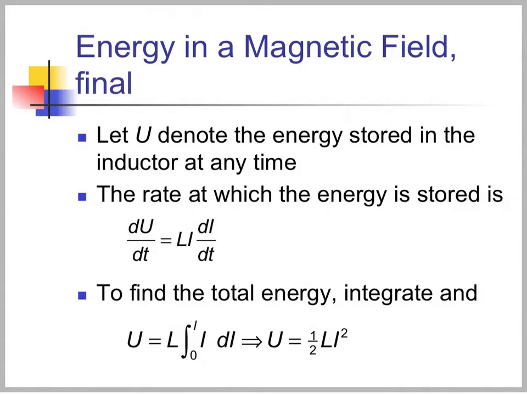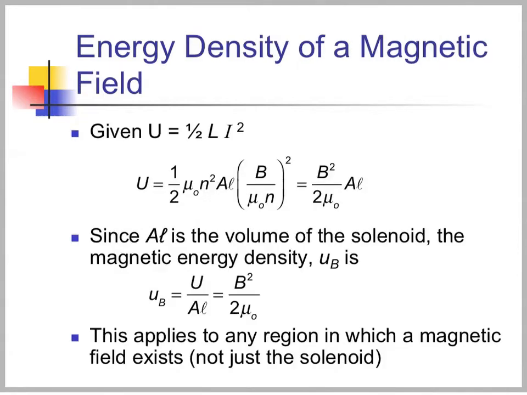So, for example, for a solenoid, U is equal to 1/2 Li squared. That's 1/2 mu naught n squared Al, and I is B over mu naught n. We cancel things out, we get B squared over 2 mu naught times Al. And Al is the volume of the solenoid, so the energy density in an electric field was 1/2 epsilon naught E squared.